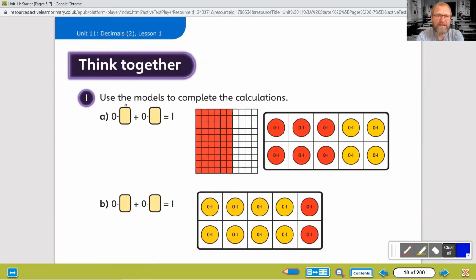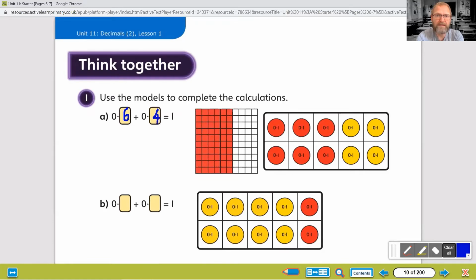You can see we're adding 2 tenths together to make a whole. So we've got 1, 2, 3, 4, 5, 6 red tenths, okay? And we've got 1, 2, 3, 4 white tenths, okay?